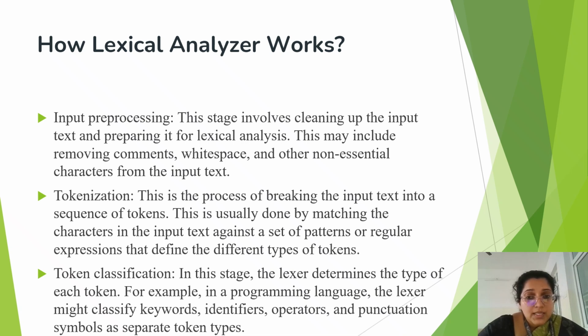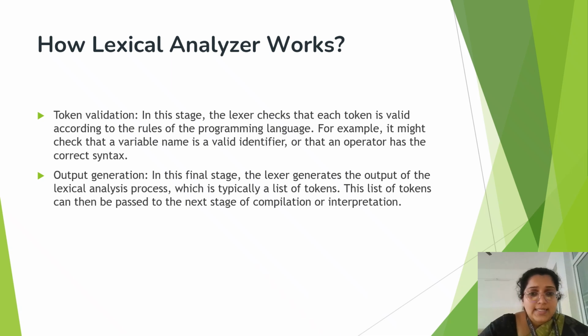Tokenization is the process of putting these inputs into a sequence of tokens. We have seen the different types of tokens, and the source code is separated into these different types of tokens. Third is token classification. The tokens are classified into identifiers, operators, constants, and so on, according to their type. Next is validation. Once a token is classified, it will be validated, and in the final stage the output is generated.